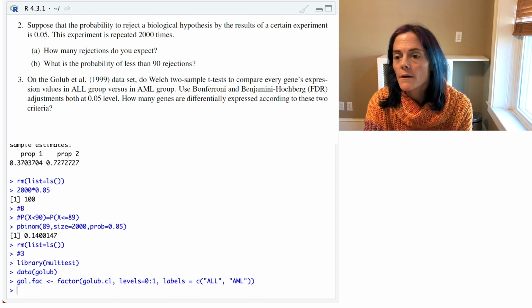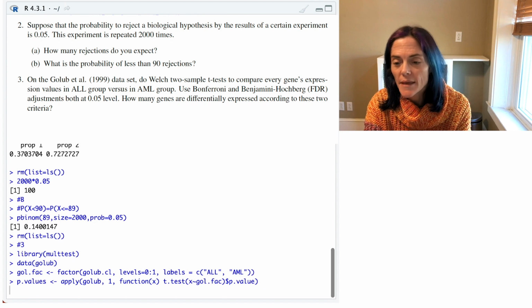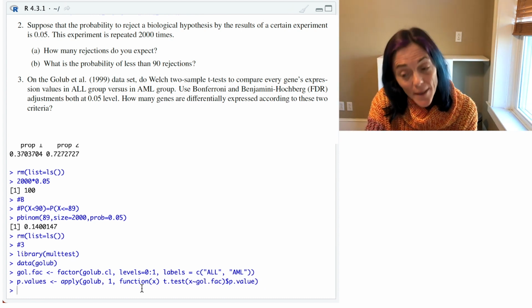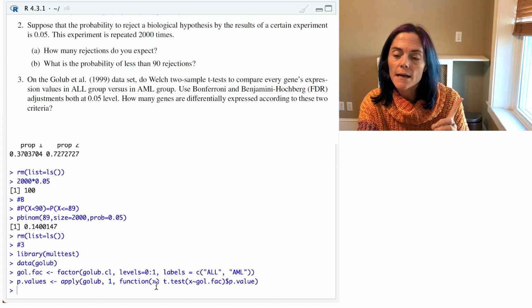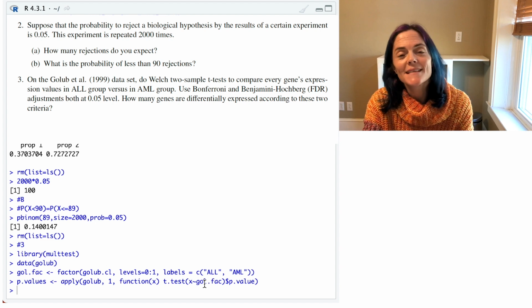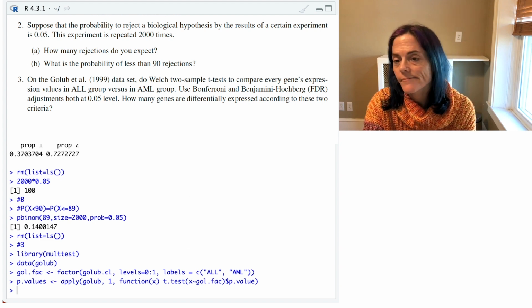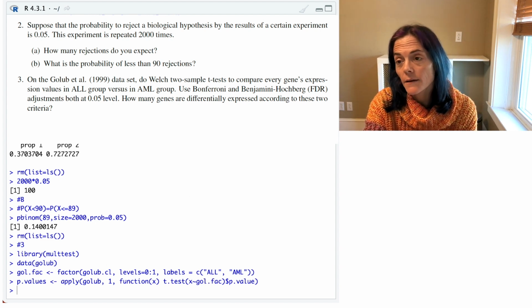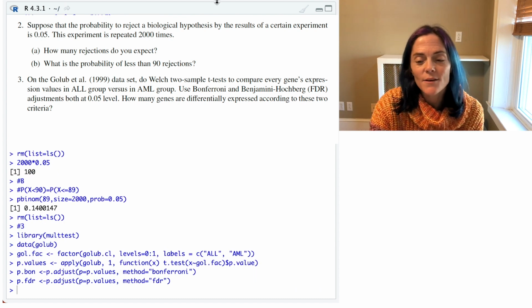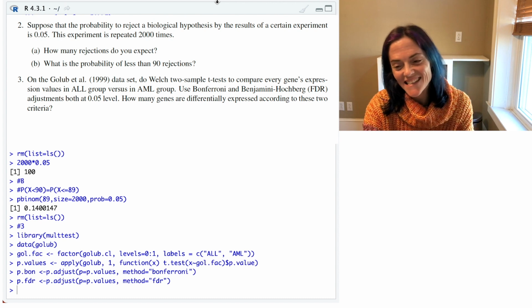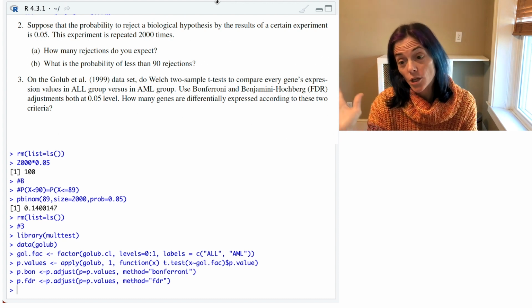So here are our p-values. We apply to all the rows in the Gallup data this two-sample t-test where we have used this factor. Then we can adjust. So we have these adjusted p-values, and technically, as we discussed, this FDR are really q-values.